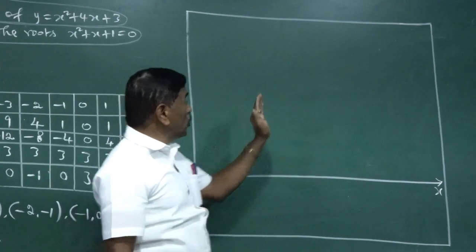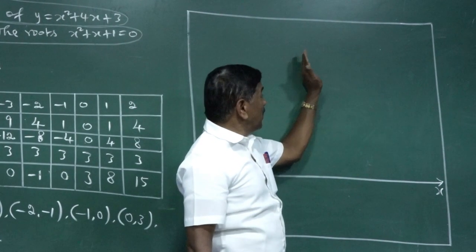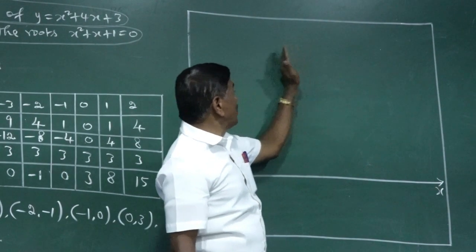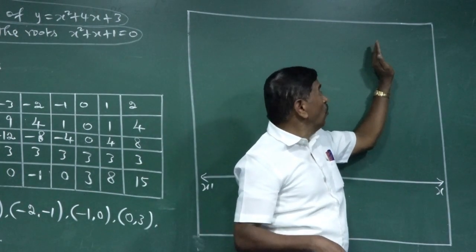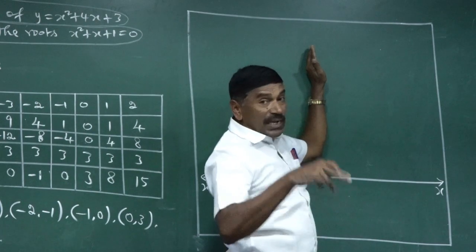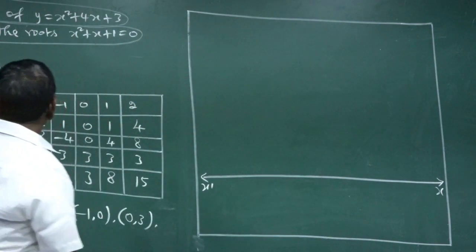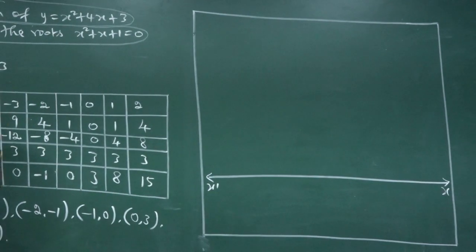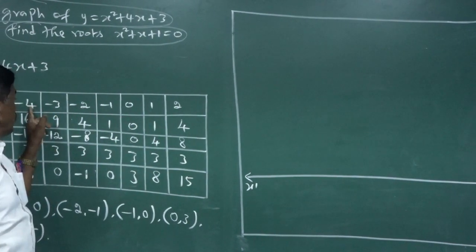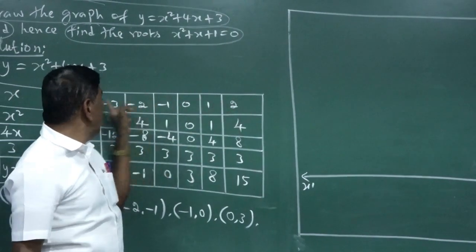Now I want to draw the y-axis. Whether the y-axis is at the center or somewhat left or somewhat right, that is the technique. To draw the y-axis, consider x values. Here x values are -4 to +2. So negative -4 and positive 2. Positive is less, negative more.